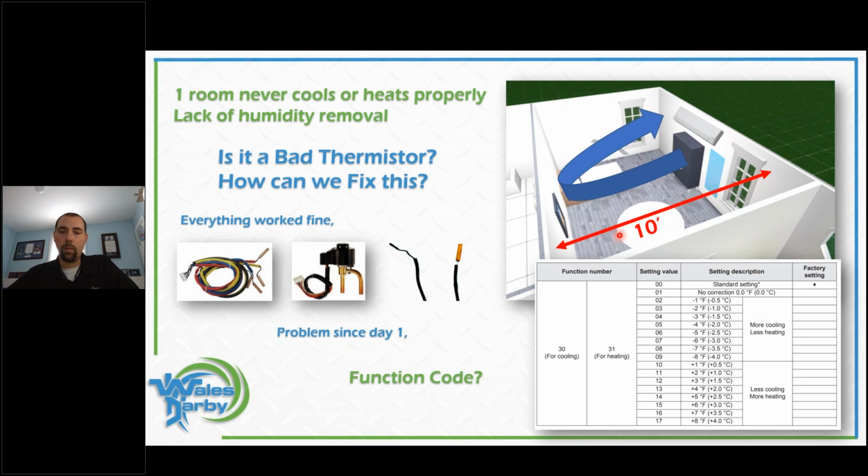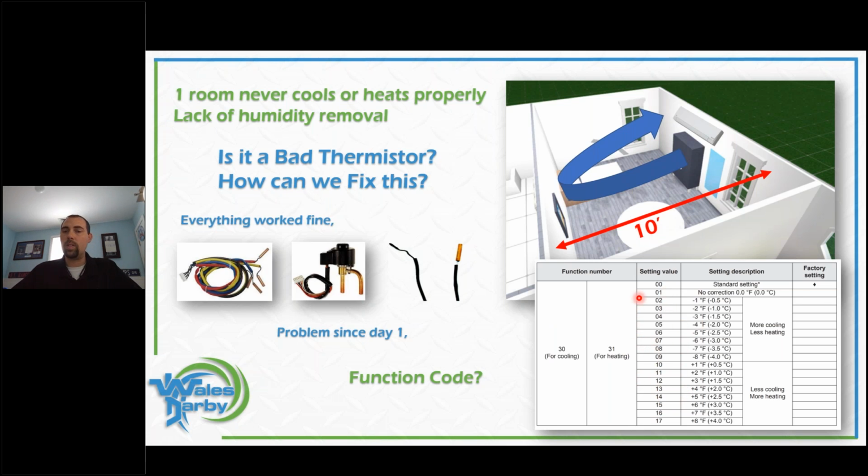We have the ability with function codes, and this is a function code chart out of an installation manual, to change and alter how that air thermistor is reading. So if I'm hitting cold air here and I want this thing to run longer, I have the ability to adjust 8 degrees back and forth. Some charts might look different.